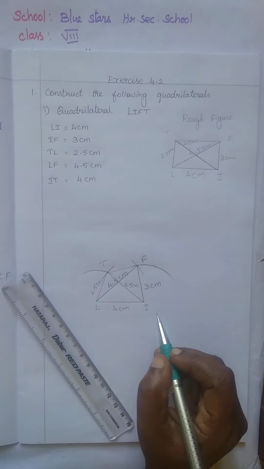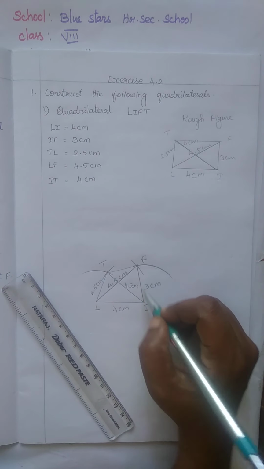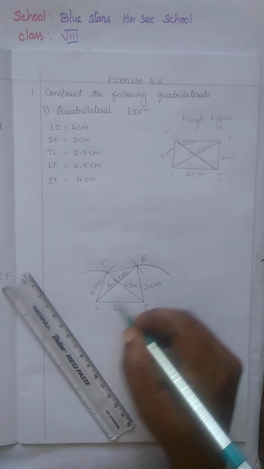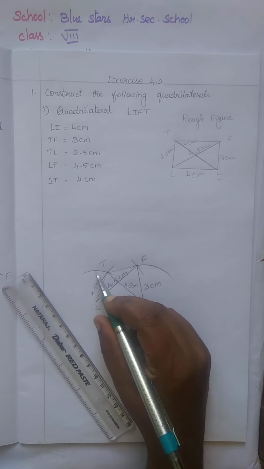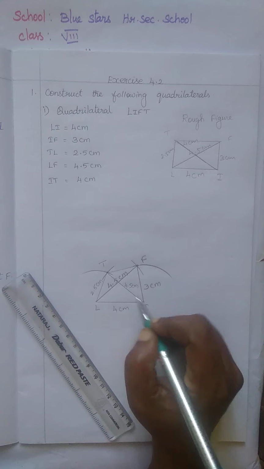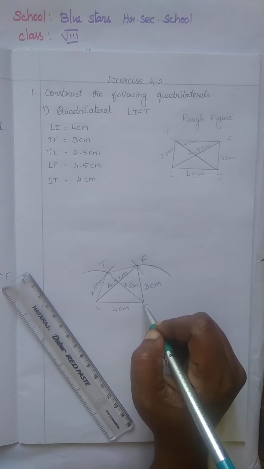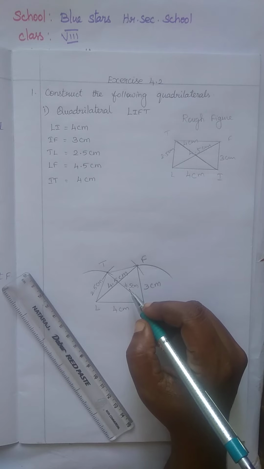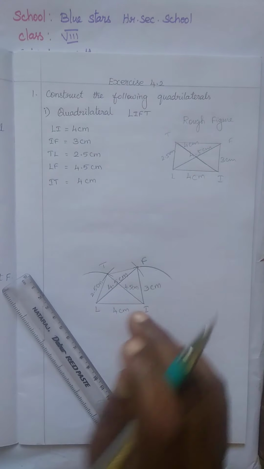First LI is drawn with 4 centimeter, then IF 3 centimeter, then the diagonal LF forms a triangle. Then LT is 2.5 centimeter, an arc cut. Then IT is 4 centimeter, not 4.5.